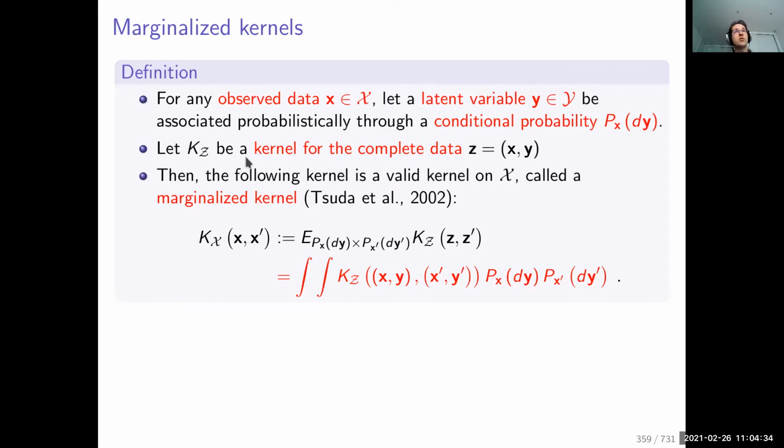So assume that you have a kernel for the complete data. So if you have X observed data, Y latent variable, if you have a good way to measure the similarity between the pair X, Y and another pair X prime, Y prime, this kernel is called K_Z of Z, Z prime in that case.